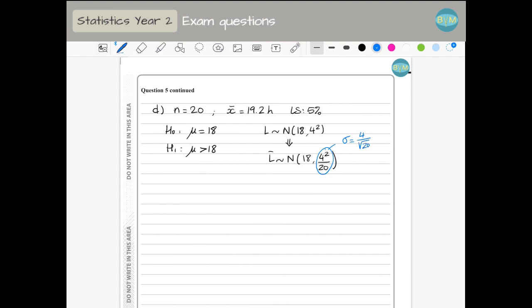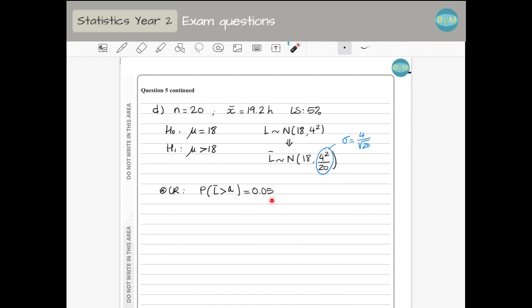Yeah. There are 2 ways of doing the hypothesis test. Remember, we can find the critical region, or we can find the probability of finding this value and compare it with the level of significance. If I do the critical region, it will be a value A such that the probability of L, the mean, being greater than A is equal to the significance level.